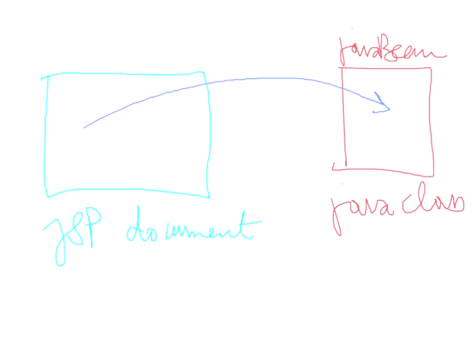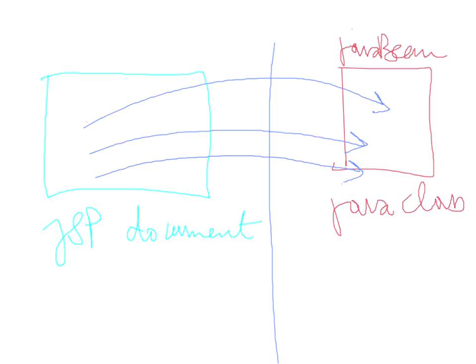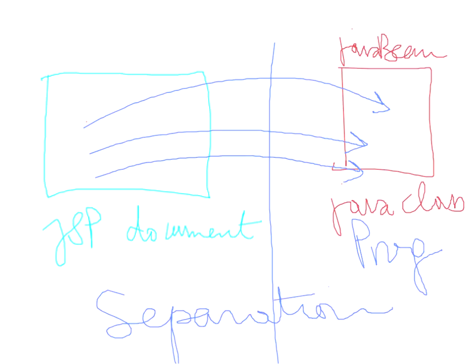I can create an instance of the JavaBean, call get methods, call set methods, etc. For this reason, we talk about separation: here programming, and here designers. Is it clear?